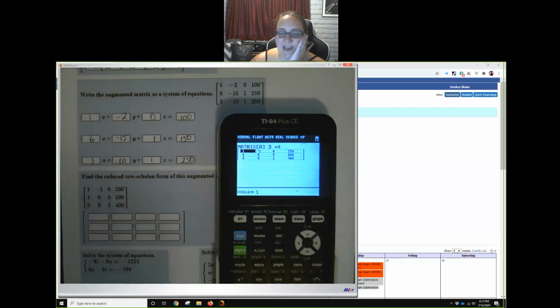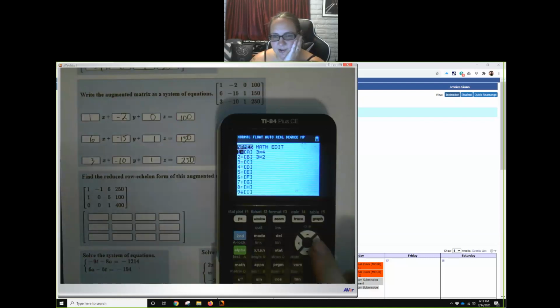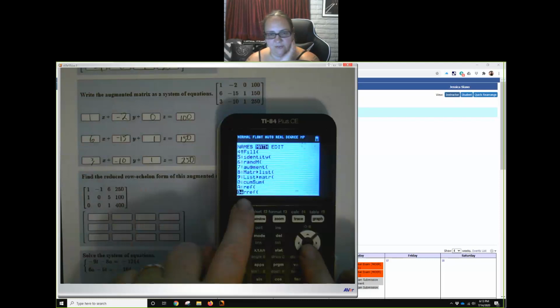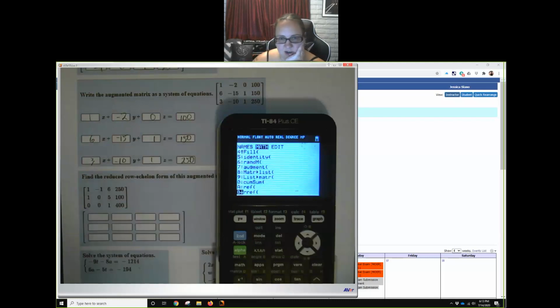Once that's there like that, you're going to press second and then mode to quit back to your main screen. Then go back to matrix, over to math, scroll down to, they're asking for reduced row echelon form. That's this one, RREF. And then press enter. Then back to matrix.